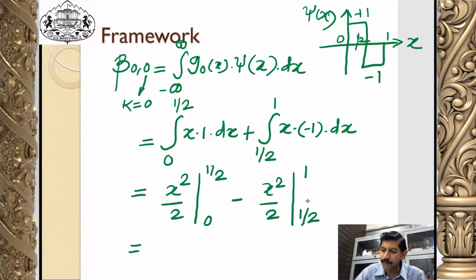And it's simple maths that can be solved. So I would request viewers to please solve this and confirm that this will be minus 1 upon 4. And it makes sense because it's an upward moving function, and so when you take the difference between two consecutive points, obviously the difference will be negative because the next point is larger than the previous point.